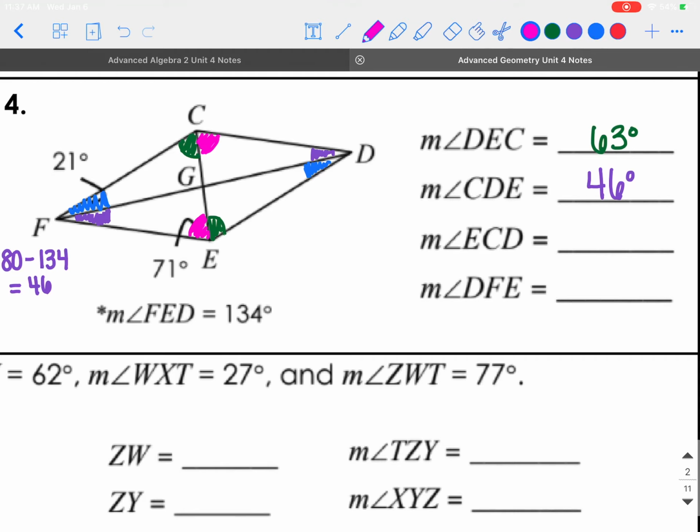So we had 71, 71. 63, 63. The whole thing's not 46. This one was 25, 25. And 21, 21.